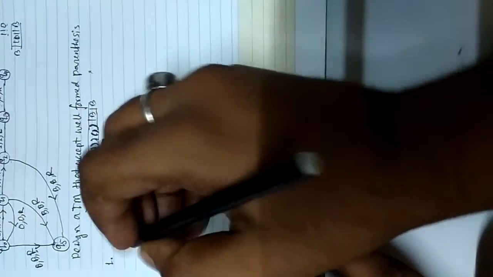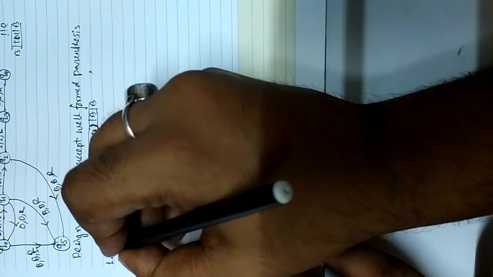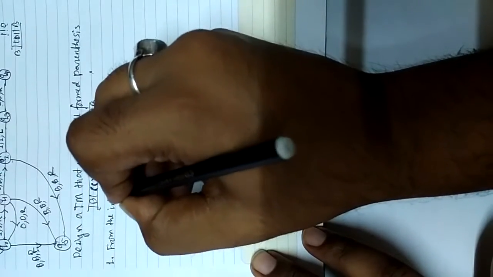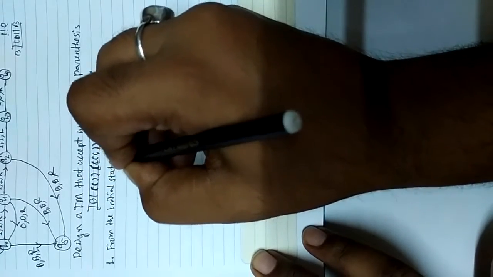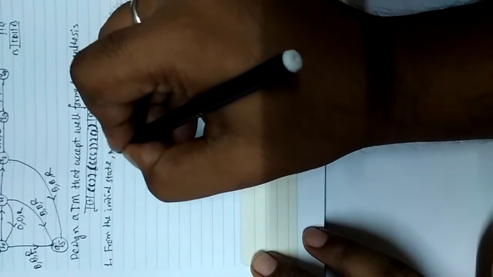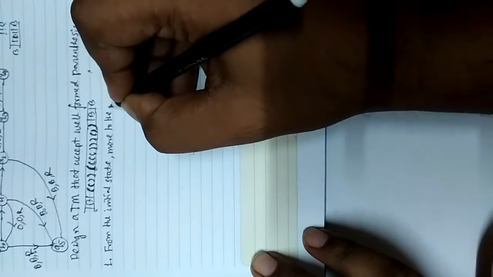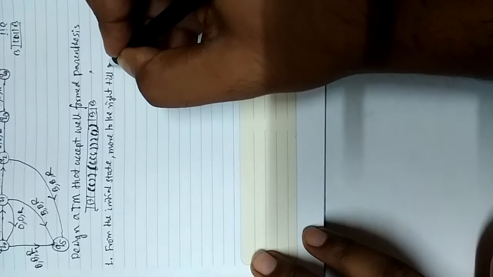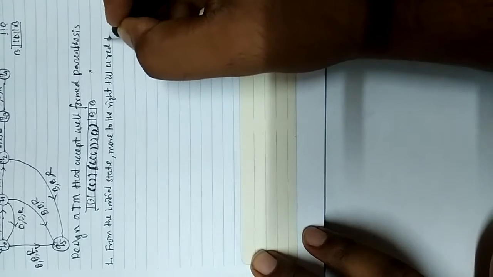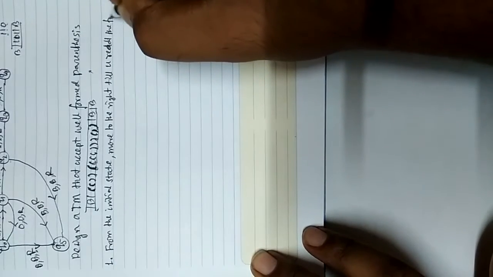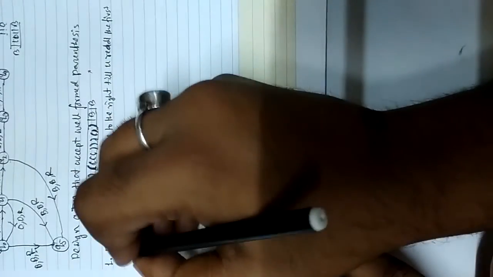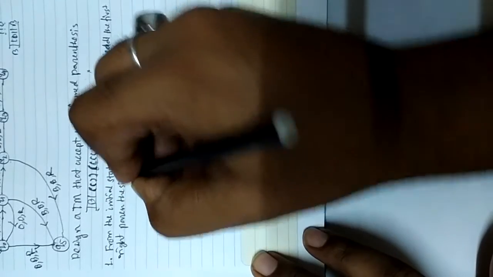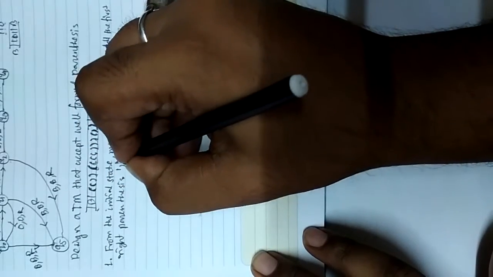So I write the first step: from the initial state, move to the right till you read the first right parenthesis, this one.